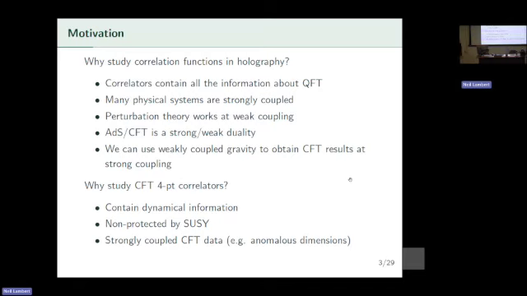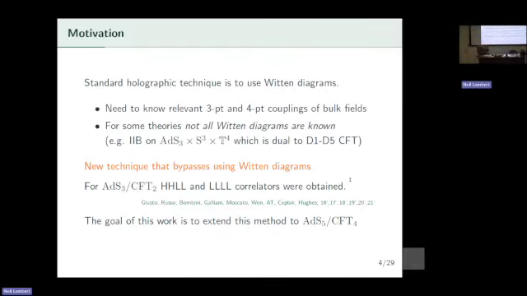And if we succeed in computing these correlators, we can use them to extract strongly coupled CFT data, such as anomalous dimensions, for example, by doing an OPE expansion of these correlators and extracting anomalous dimensions of the exchanged operators.